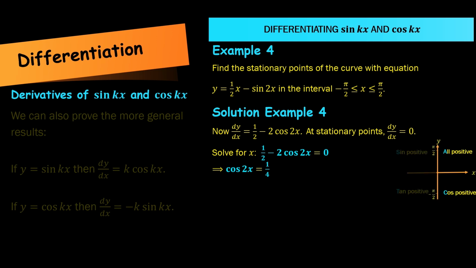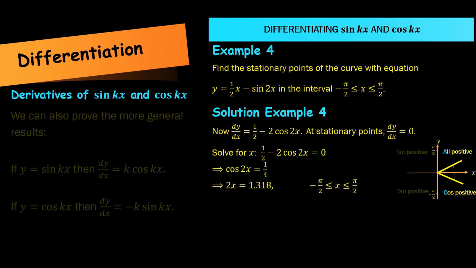As we can see from the CAST diagram, cos is positive in the first and the fourth quadrants. So 2x equals 1.318 from our calculator in the first quadrant, as shown here.